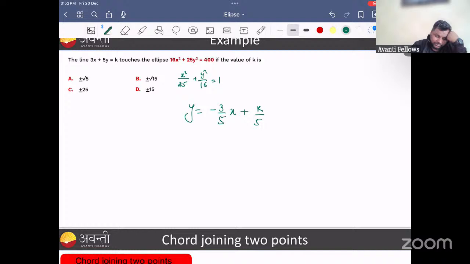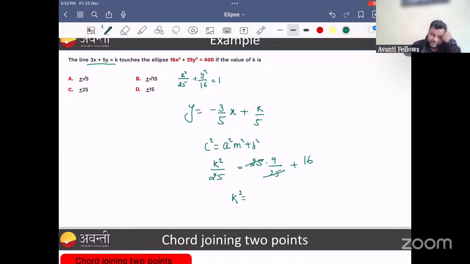So this line touches this ellipse. So in that case, c square should be a square m square plus b square. Now, c square is k square upon 25. a square is 25, m square is 9 upon 25, plus b square is 16. This is cancelled. So k square is equals to 25 into 25. So k equals to plus minus 25.